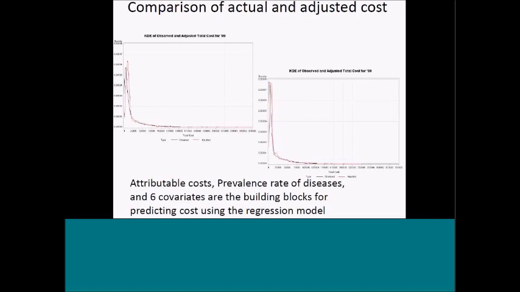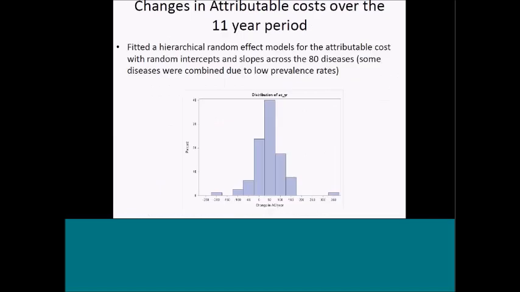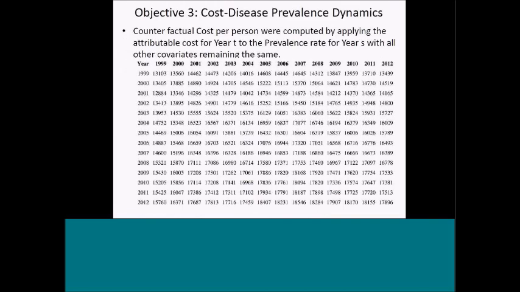So this attributable cost and the 6 covariates are essentially building blocks for predicting the actual cost. Next, I'm going to skip this one. The next one was the what-if scenarios. Here is what we call a causal matrix.